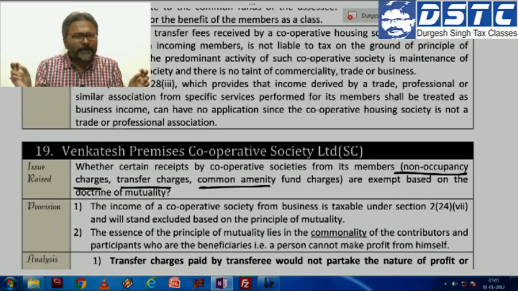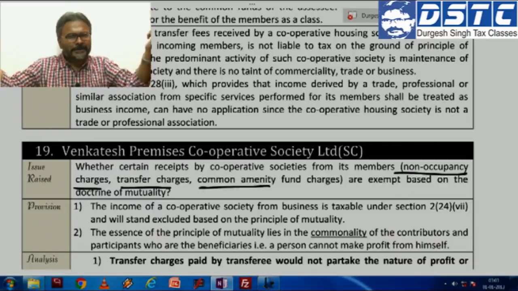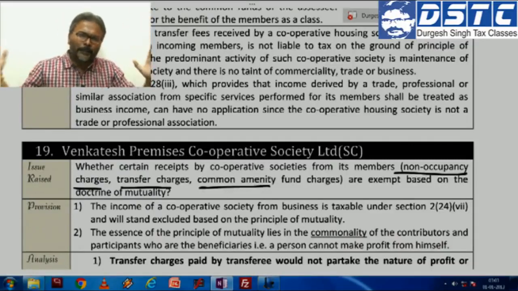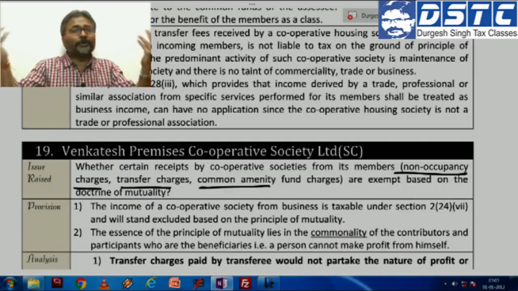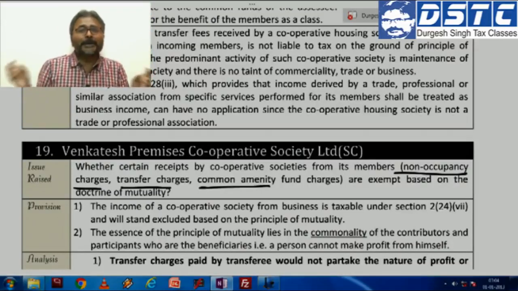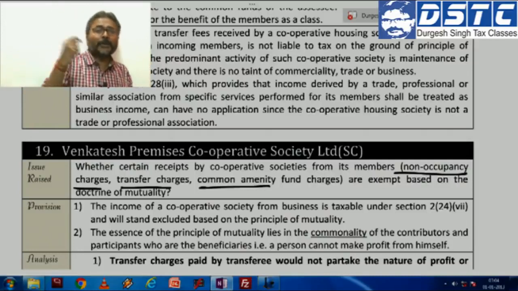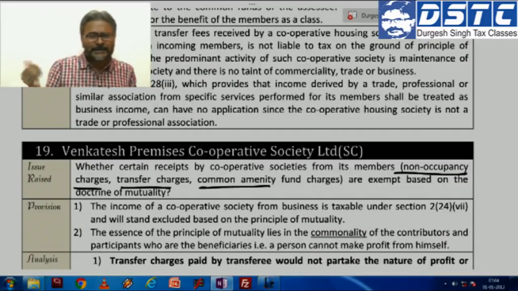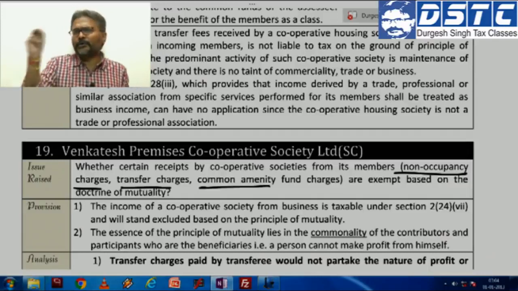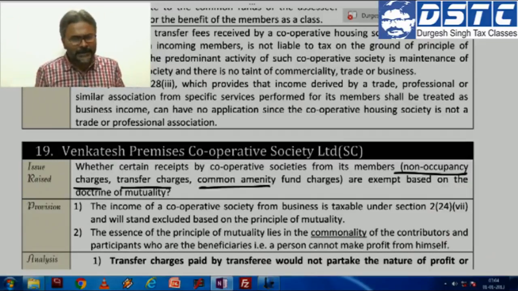So if there is a surplus which remains, it is yours. Ultimately tomorrow I am going to apply this money again for your benefit. So the question of income arising in mutuality will never arise. So there is no income in mutuality, and hence it is not taxable.